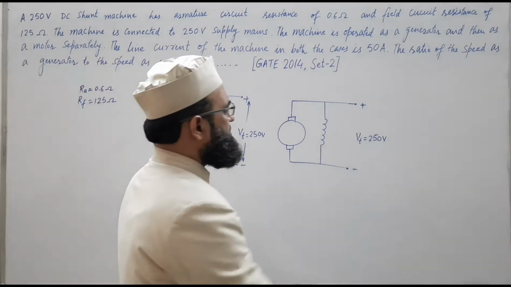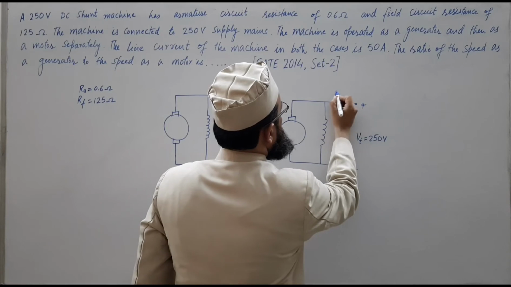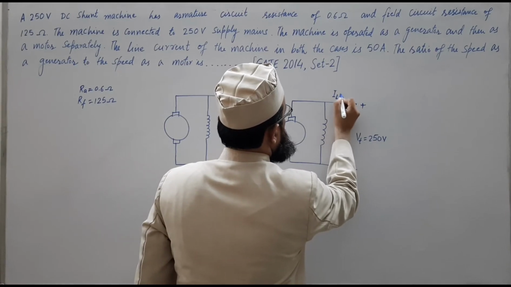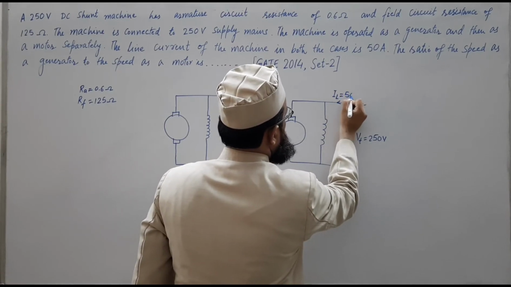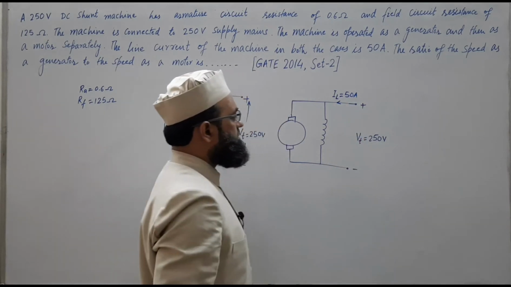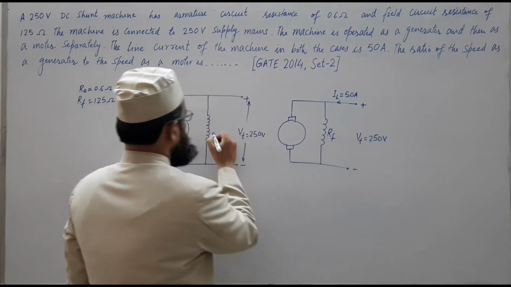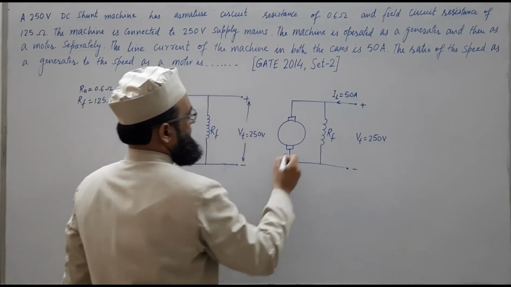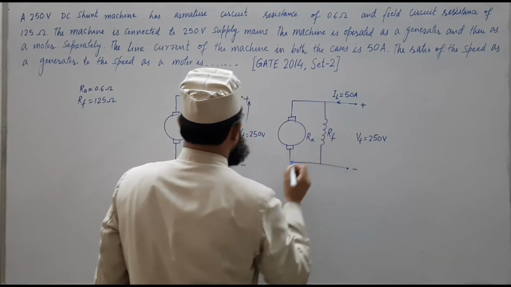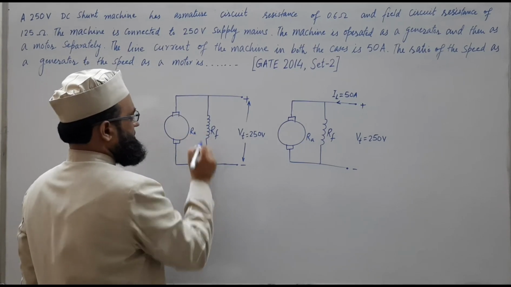When it works as a motor, then it draws line current IL, and in the problem the value of this line current is given as this. This is RF, RA, armature resistance, same machine.